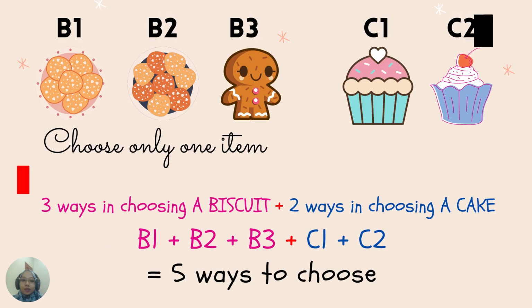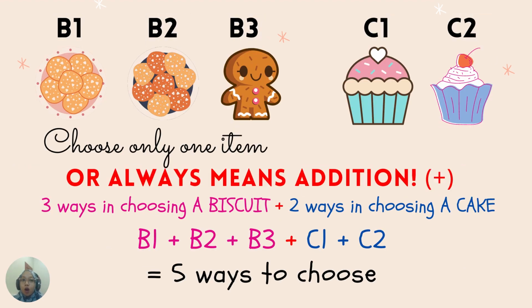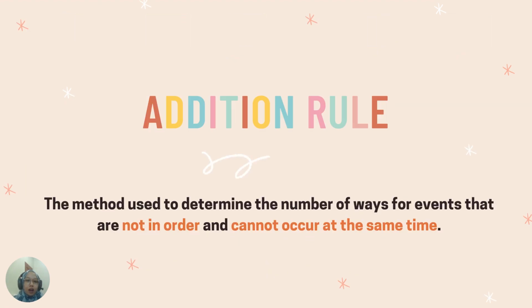The keyword being used here is OR. Remember, in permutation, OR will always mean addition. So in total, there are 3 ways in choosing a biscuit plus 2 ways in choosing a cake. So that is how Ali got 5 ways to choose only one item for his breakfast.